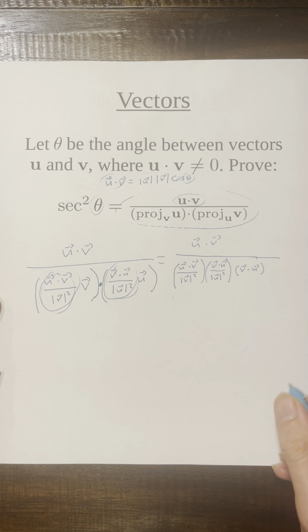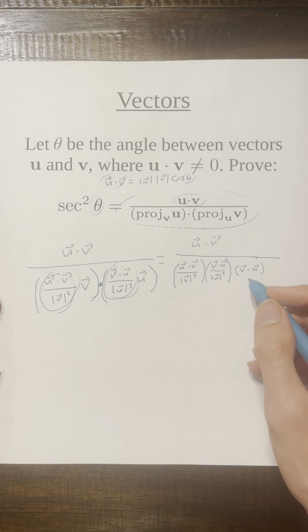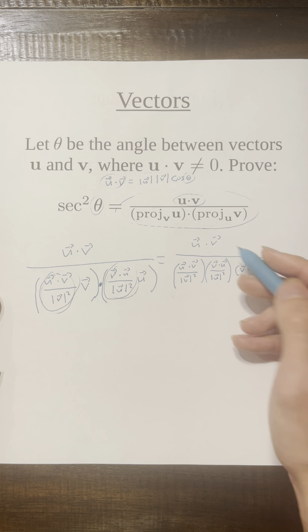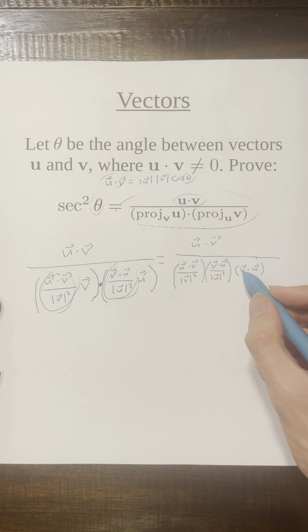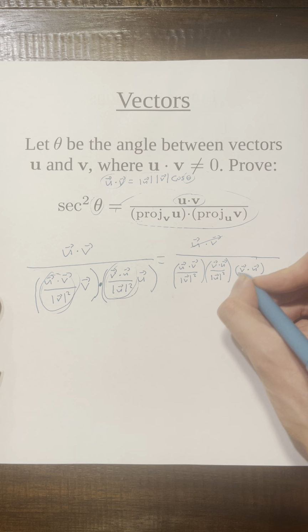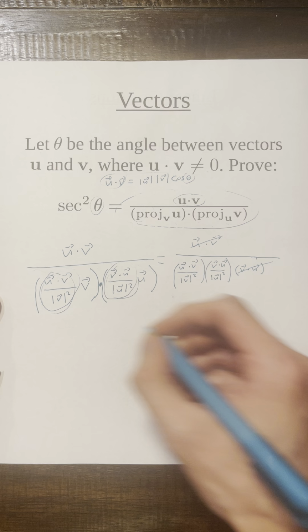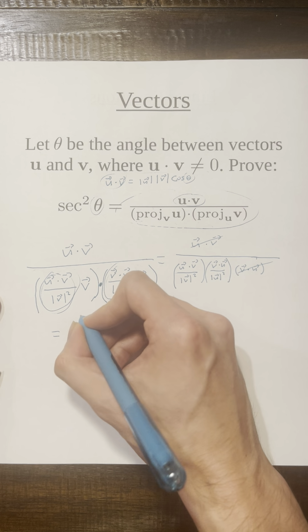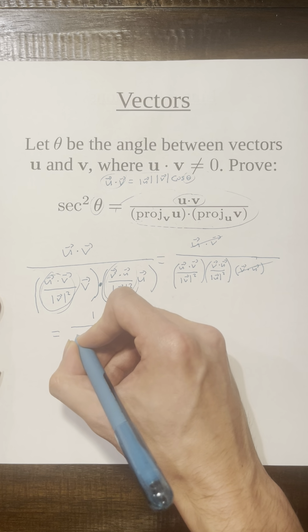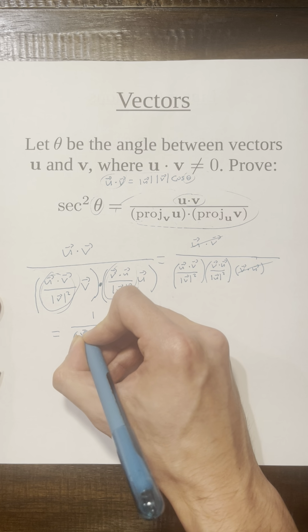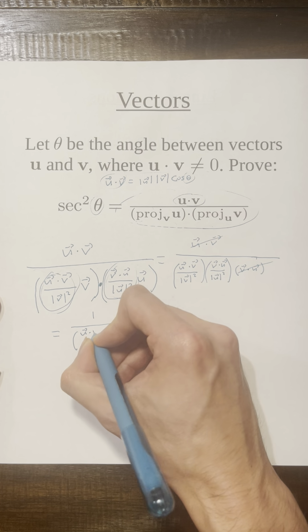Okay, is there anything I can cancel in this fraction? Well, yes. The dot product of u and v is the same thing as the dot product of v and u. So I can just cross them out. Okay, so what are we left with? This becomes 1 over this.